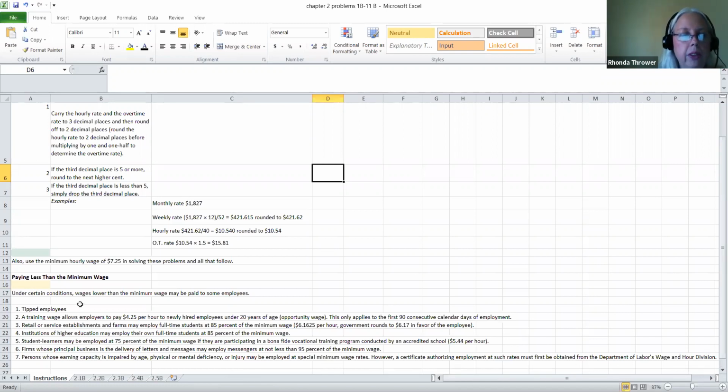So what we need to know is that the minimum hourly wage rate right now that is set by our government is $7.25. But there are some situations where employers can pay less than the minimum wage. And these are the conditions where that could happen. So make sure you know your rounding rules and make sure you understand that some employers can pay less than minimum wage based on these rules here.